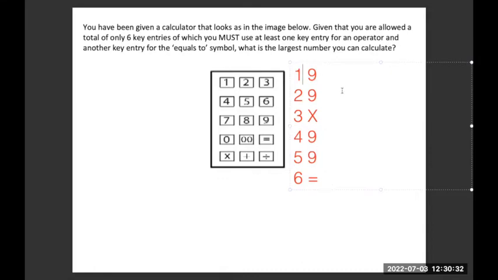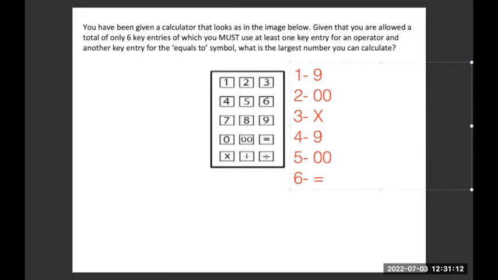So will my entry be this way, or can I get an even bigger number? Is it possible to do 900 into 900? Yes, because there is a double zero, so I can do this one also. Nine hundred into 900, that is 8,10,000. Sorry.